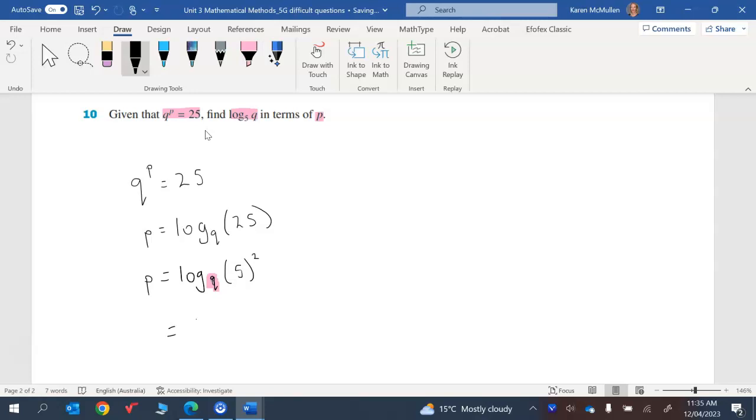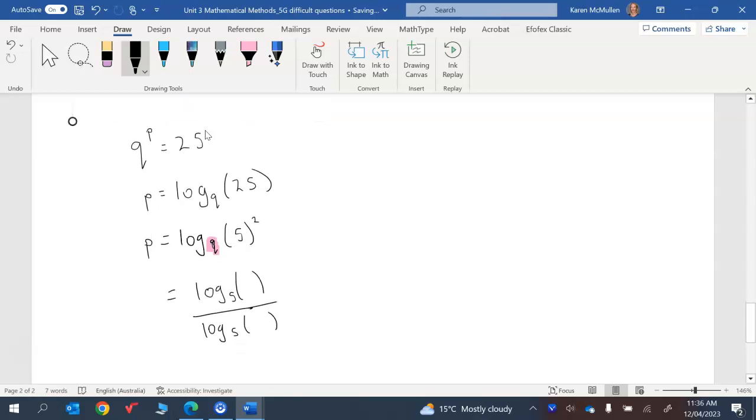All right, so setting up our change of base. So we're changing it to a 5, and you can just set it up like this. All right, so we know our bases are changing to 5. So basically, the p stays on the left-hand side, and what is on the right-hand side, I'm changing the base. All right, so the 5 squared is on top.